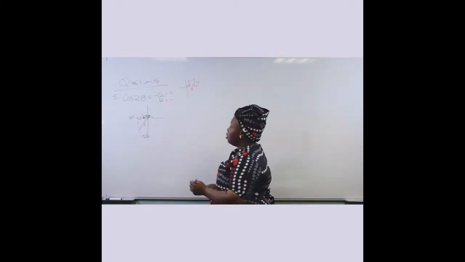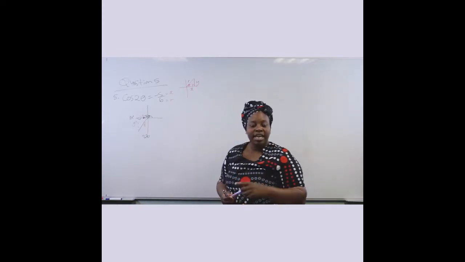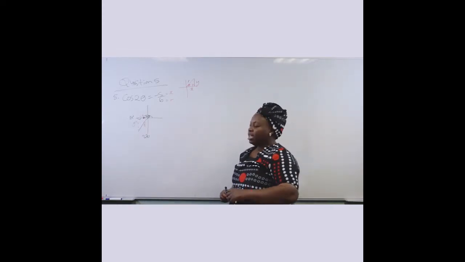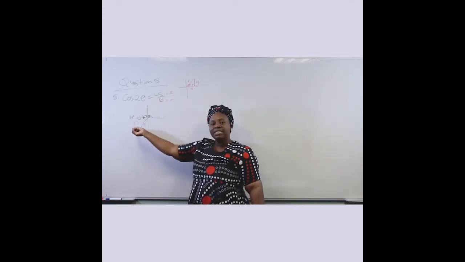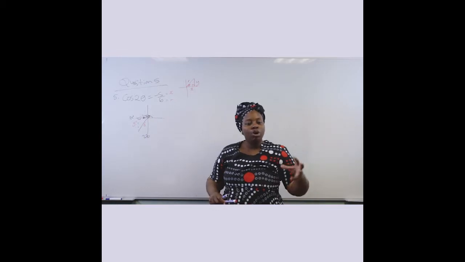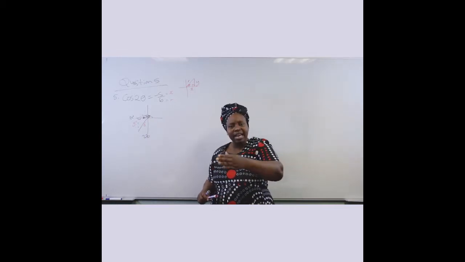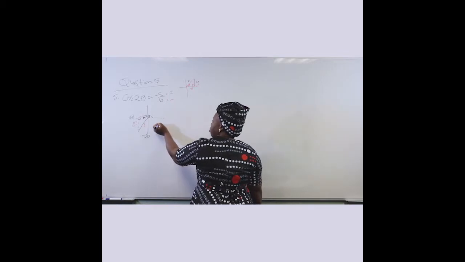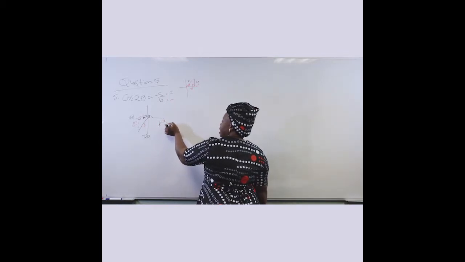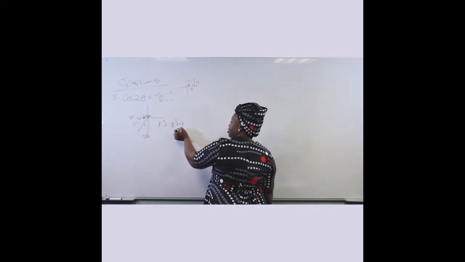What are you looking for now? It is your y. Your y is now missing. You need to find the y. By representing that, it's telling you that y is missing. Immediately, use Pythagoras theorem and find the missing side. So let's do that. Remember it's r squared equals x squared plus y squared.